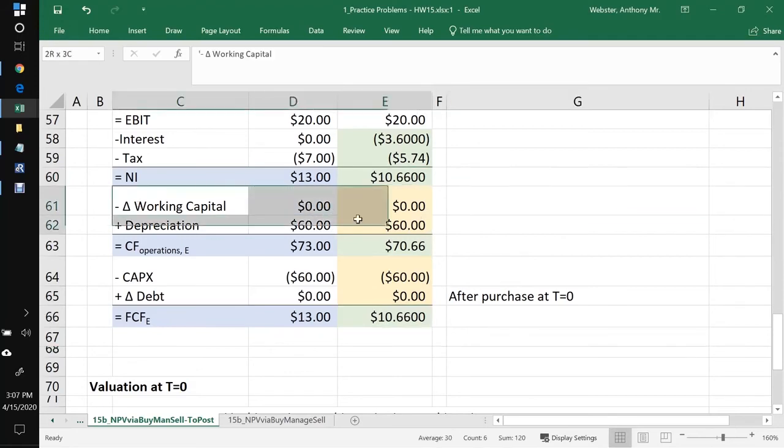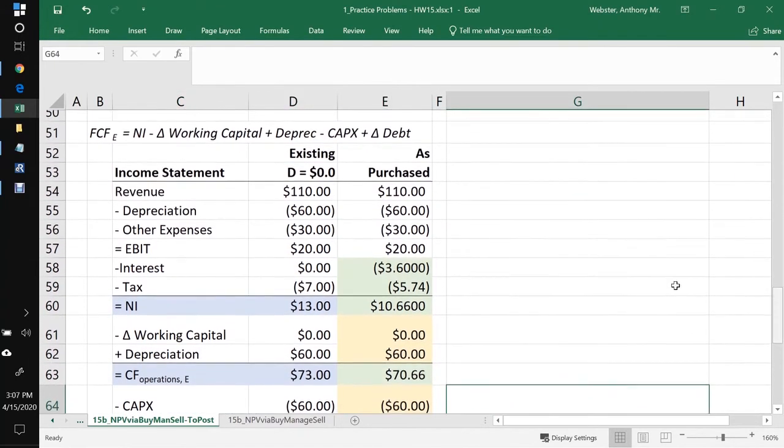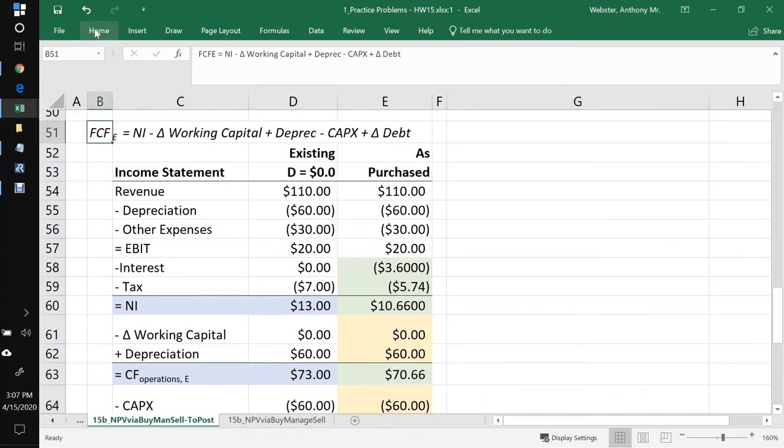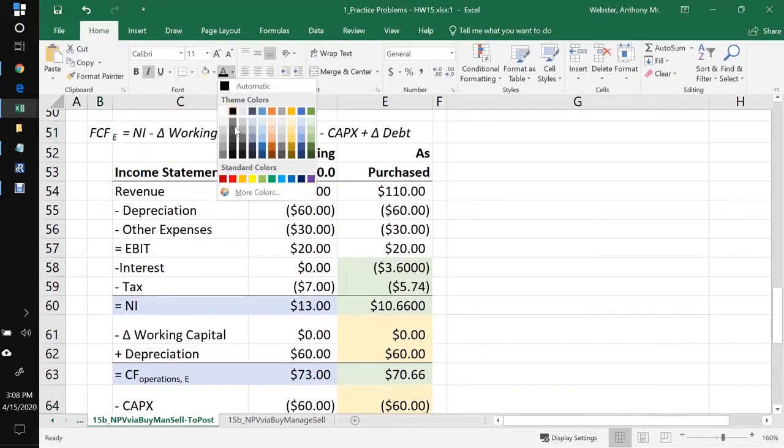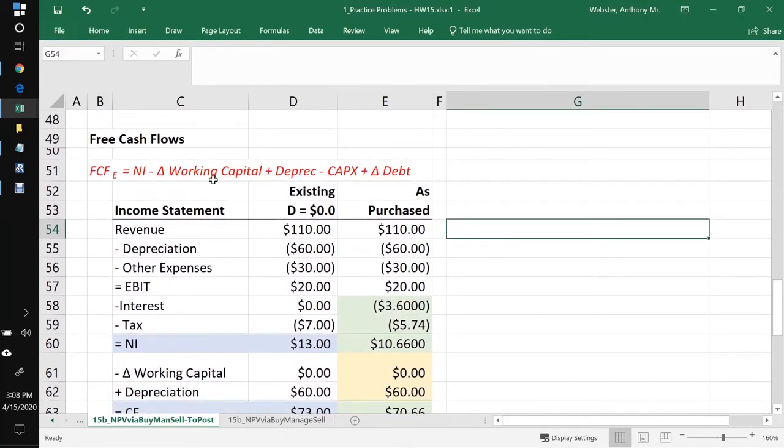But it's really good to know how we got there, and it is good to know that this is the general equation, which is a good thing to know in general. If we didn't have a steady state firm, then we would have changes in working capital. Depreciation would not match CapEx, and we may or may not have any changes in debt.